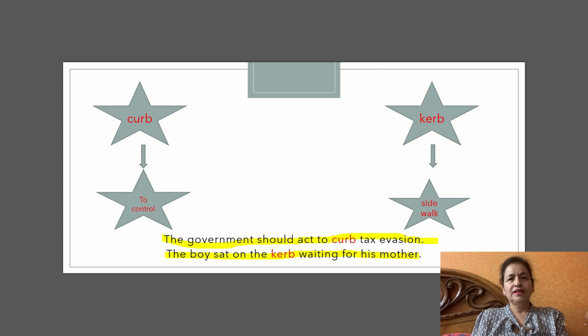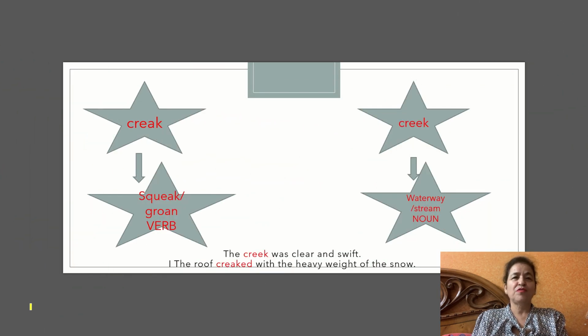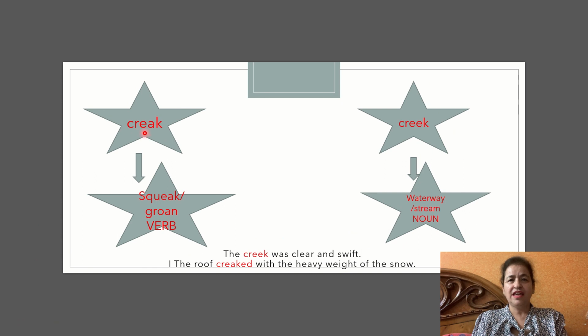Coming to our 8th word now, that is creek and creak. Next pair of words, right? Creek, C-R-E-E-K, and C-R-E-A-K, they have the same sound, and so they are homonyms again.